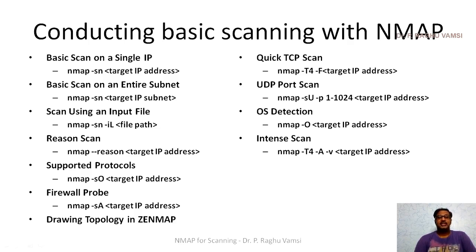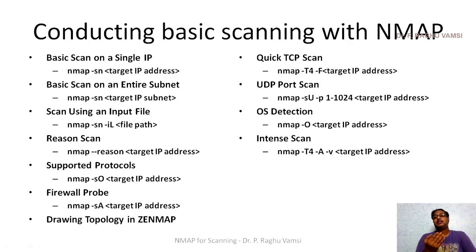Next one is reason scan. This reason scan will give the reason for the services and other ports that are running on the computer. Whenever you perform the nmap scan, sometimes you will get the information that so and so ports are open, but you don't know because of what reason these ports are open, and with which signal.